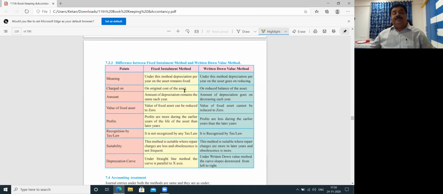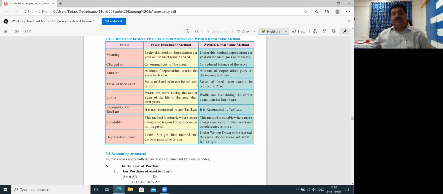Then thereafter, the difference between the fixed installment method and the written down value method is given to you. Okay, I think you should read it. I already explained it to you, so there is no need to go into much explanation. Still, if you want, we will just look at it. Under the fixed installment method, depreciation per year on the asset remains fixed.